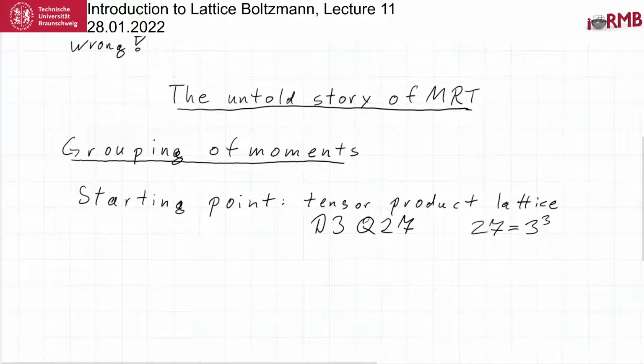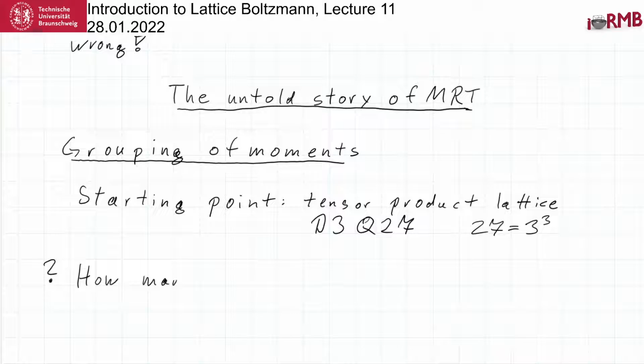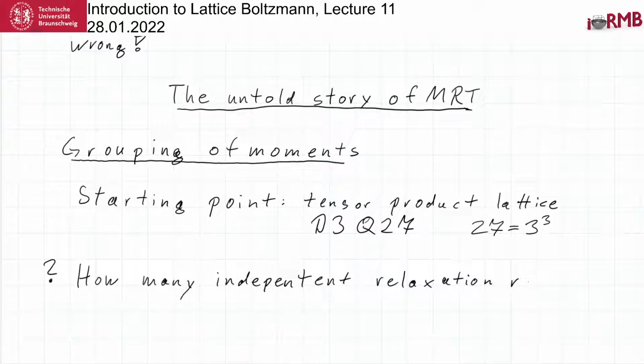Okay, and the question for this lattice, as it would be for other lattices too, is how many independent relaxation rates can we specify under proper assumptions, and the proper assumptions are of course isotropy.